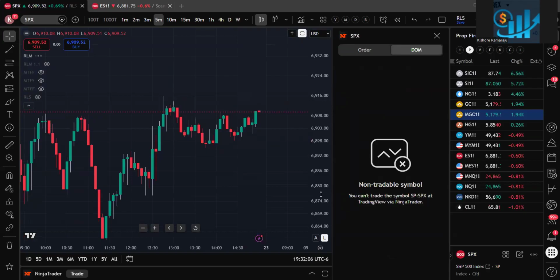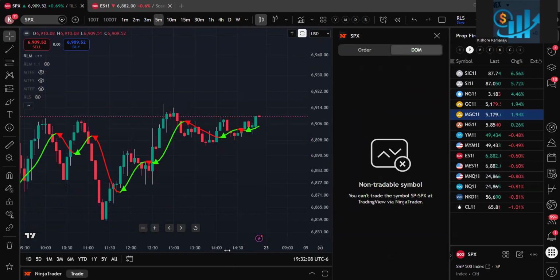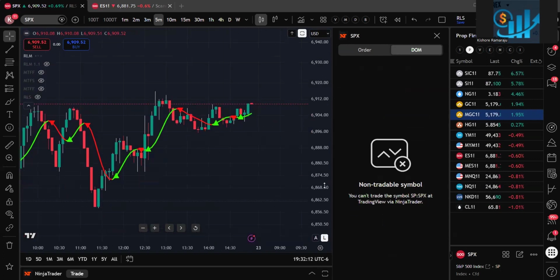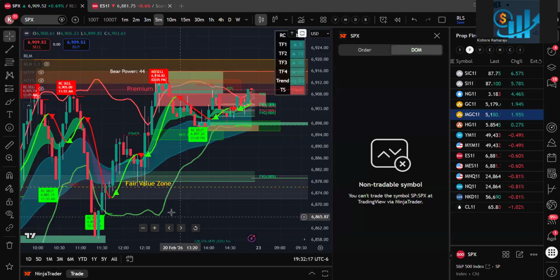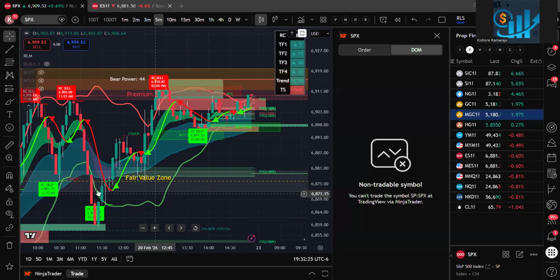For example, if you use RLM, you got a buy signal, it went up, you got a sell signal, it dropped, again you got a buy signal. So you will have more opportunities, but you have to be an active trader. You have to be a quick scalper to take the trades in both directions.